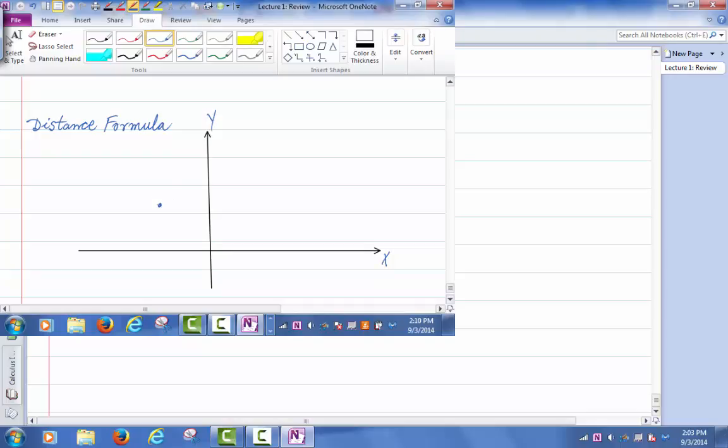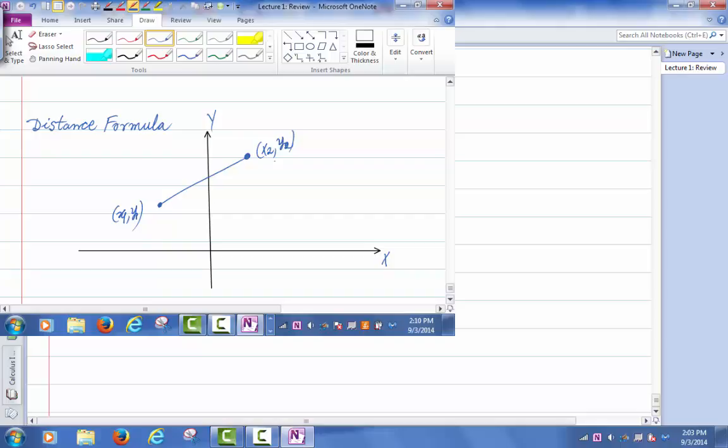So let's say that this point has coordinates x1, y1. And let's pick another point, and let's say this point has coordinates x2, y2.